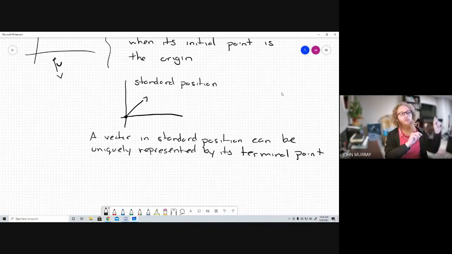If you move the initial point to the same spot, and the terminal point also ends up in the same spot, then right away, without doing any extra work, you can tell that they are equivalent.